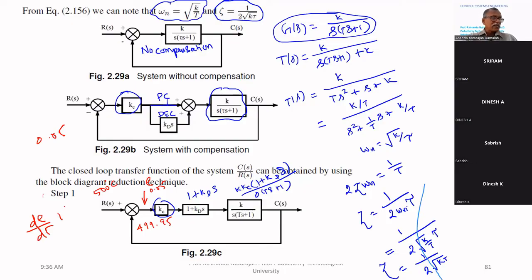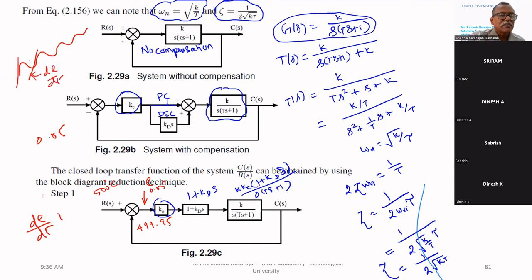Rate of change of error. In other words, d by dt is slope of error signal. Suppose error is varying like this, the slope of this line is d by dt.